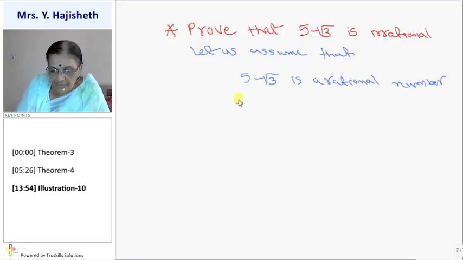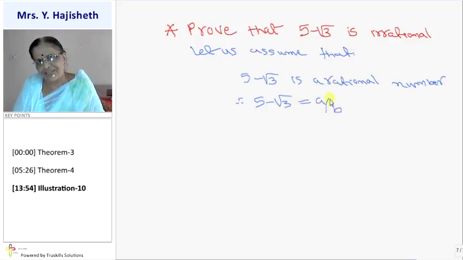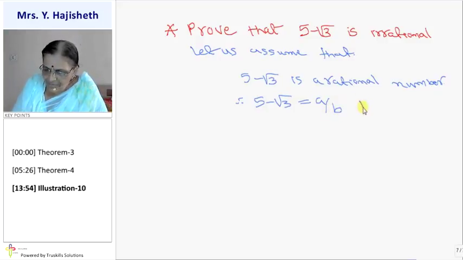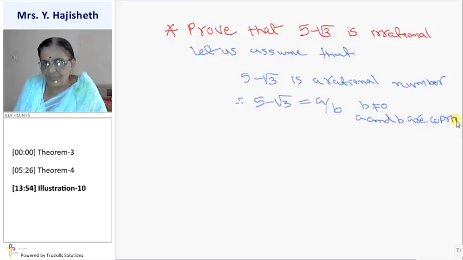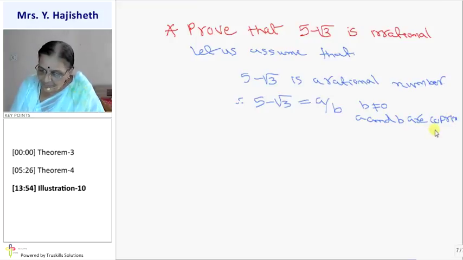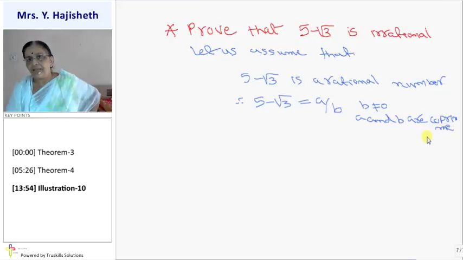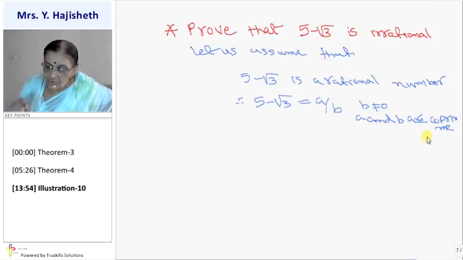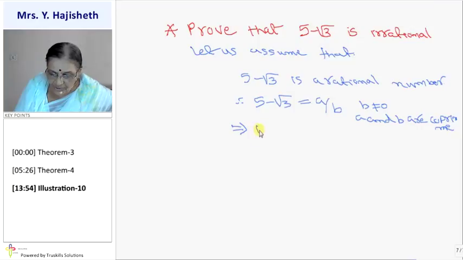So naturally, I can say 5 minus root 3 can be written as a by b. क्लियर? p by q की जगह मैंने इधर a by b लिया. b is not 0 and a and b are integer but they are co-prime. मतलब this rational number is in a reduced form.